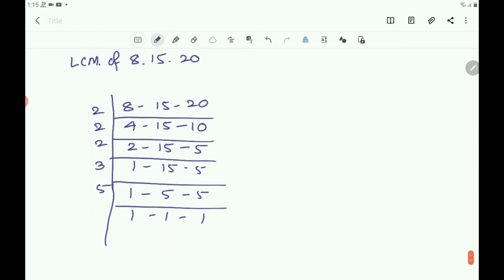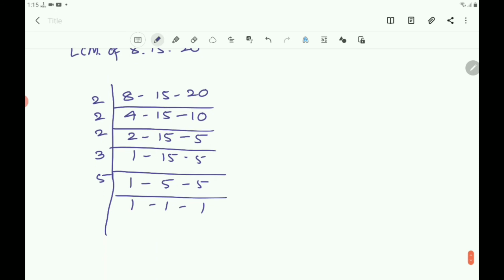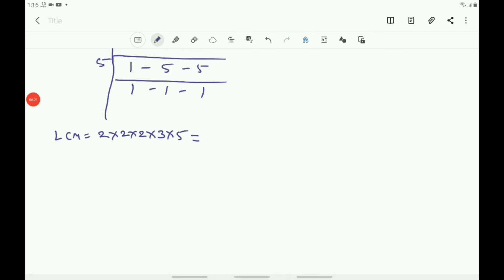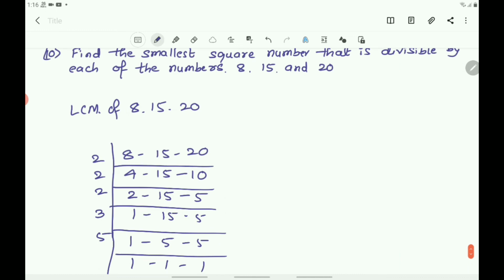Therefore, what is the LCM? LCM equals 2 into 2 into 2, 3 into 5. What is the product here? 2 2s are 4, 4 2s are 8, 8 3s are 24, 24 5s are 120. So you got the LCM 120. Now you write 120 equals 2 into 2 into 2 into 3 into 5.